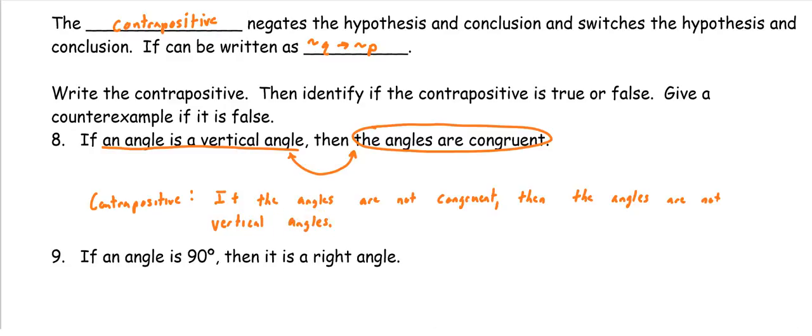This is a true statement because in order to have vertical angles, they have to be congruent. So if they're not congruent, then there's no way that they can be vertical angles.